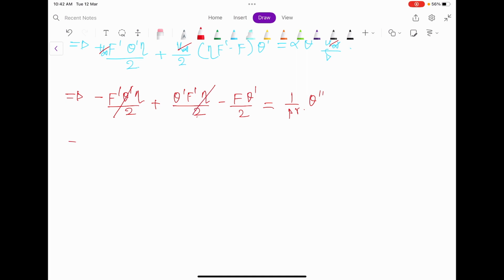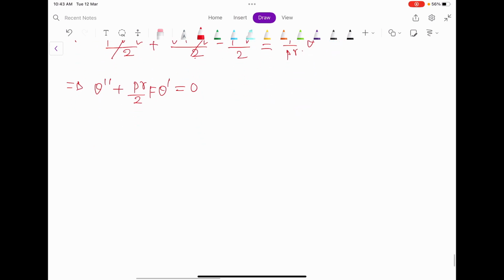So my equation becomes theta double dash plus Prandtl number by 2 f theta dash, that is equal to 0. So see, I have converted the energy equation into an ODE.